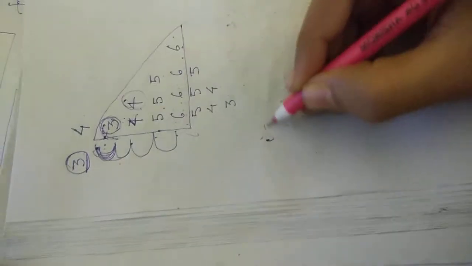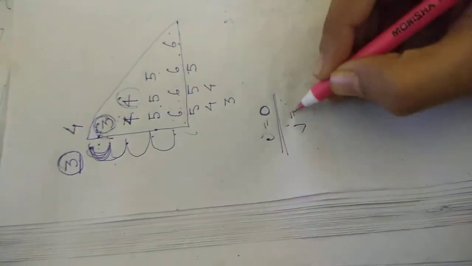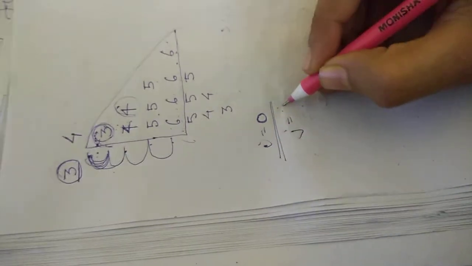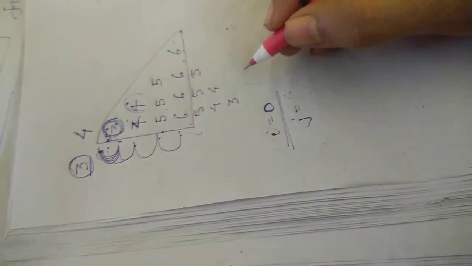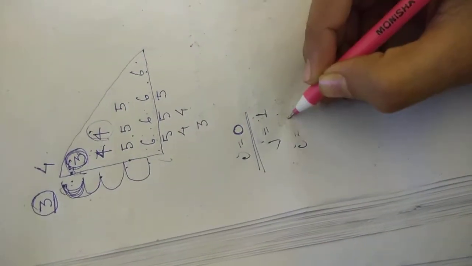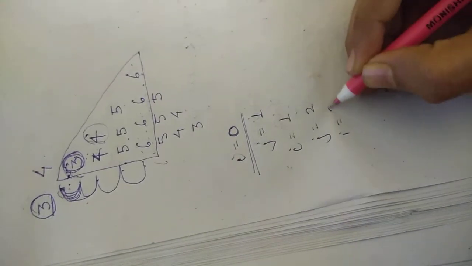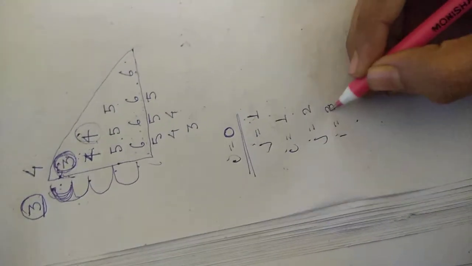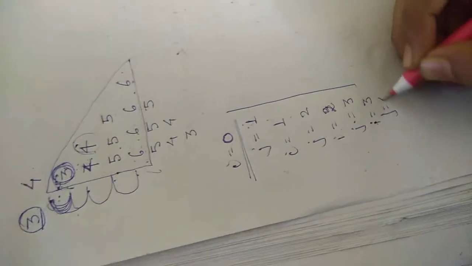When i is 0, j is printing one number. When i equals 1, j is printing 2 times. When i equals 2, then j is printing 3 times. Similarly, when i equals 3, j is printing 4 times.